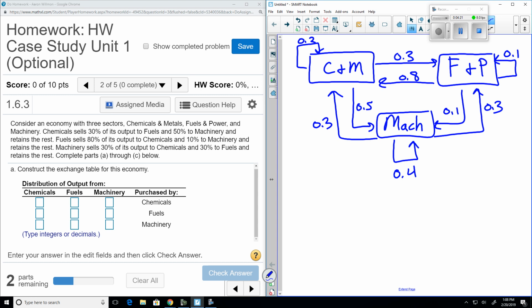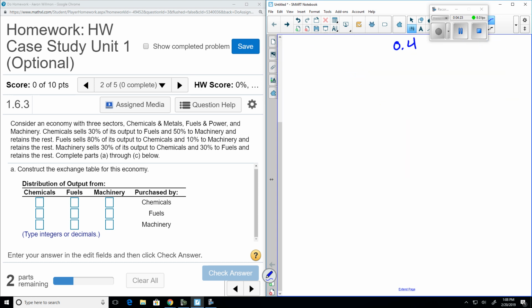Okay, so this table that it wants you to make is output from, and this says purchase by, but we'll say input to, right?